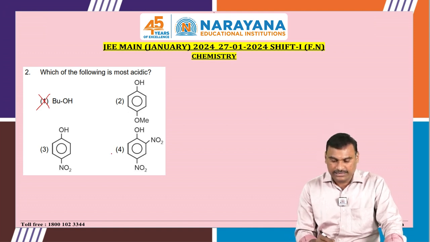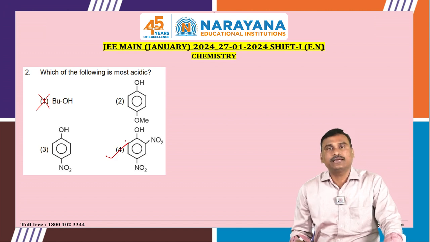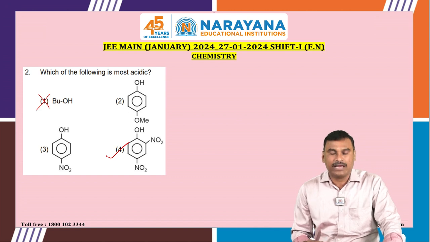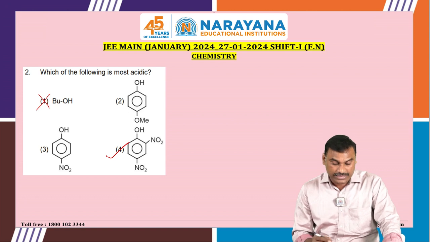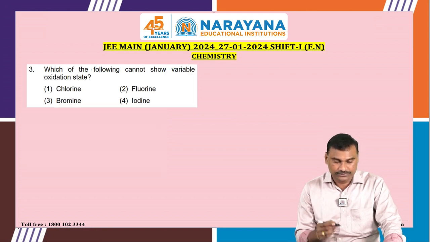Therefore, the better option is option 4, 2,4-dinitrophenol, which has two withdrawing groups at ortho and para positions that can stabilize the conjugate base easily. Therefore, the most acidic among the given options is 4, the correct answer, students. Now let us go for the next question.